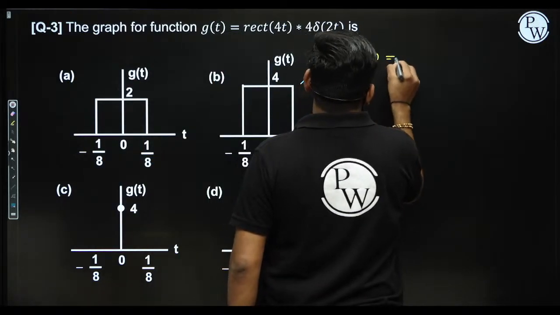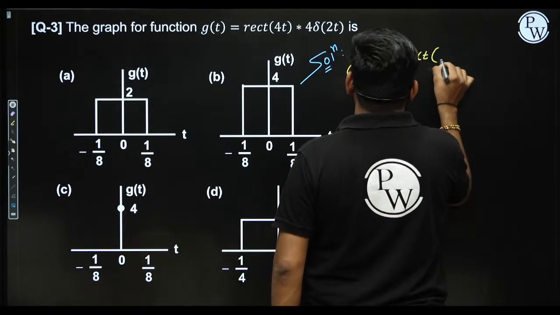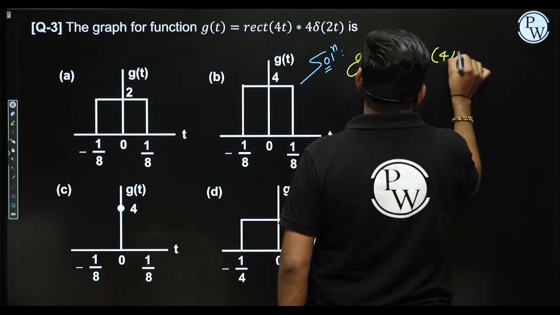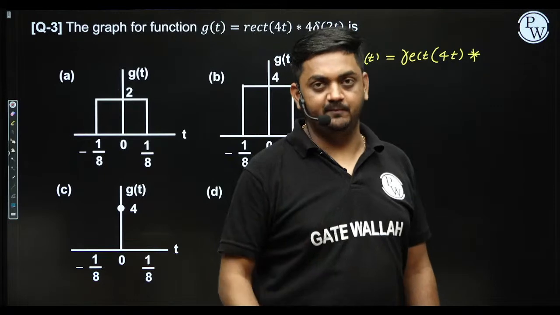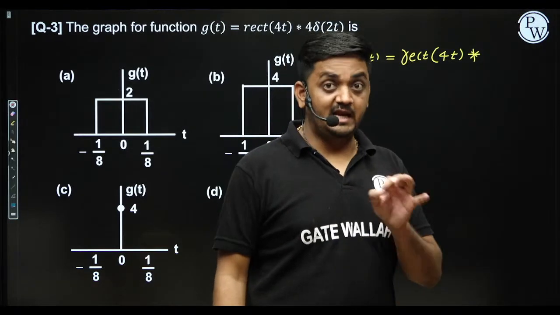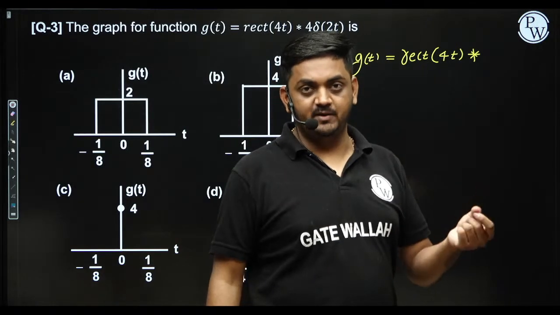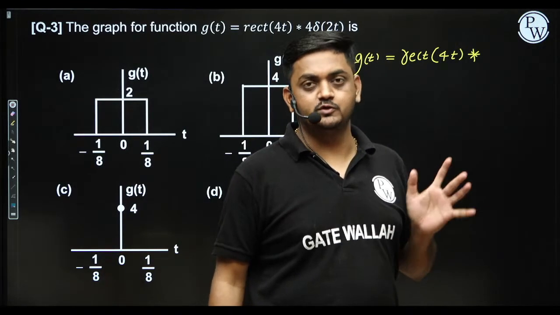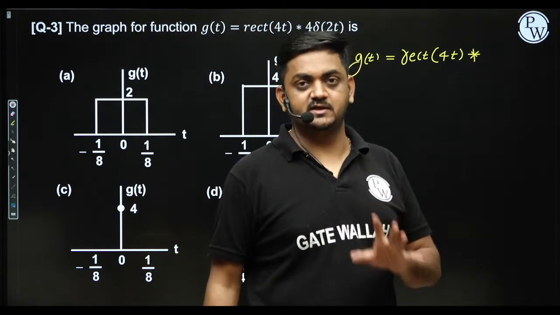So g of t is equal to rectangular function 4t. Before applying any property of impulse function, first apply the scaling property. Whether it is the product property, sampling property, shifting property or convolution property, first you have to use the scaling property if there is a scaling factor.